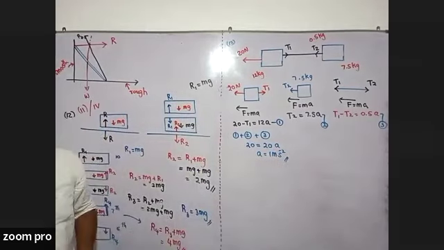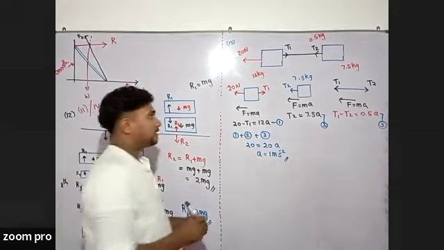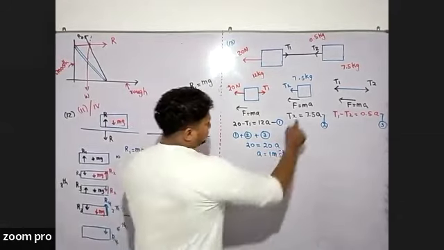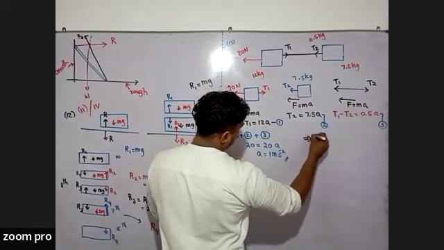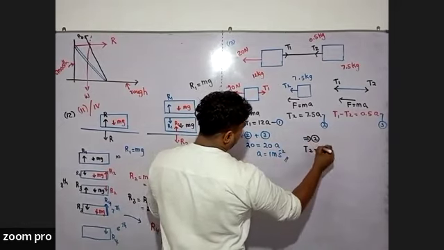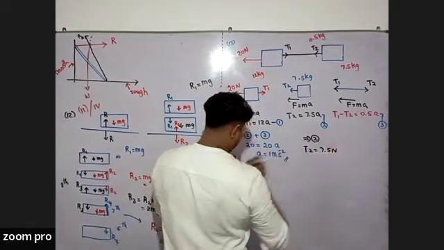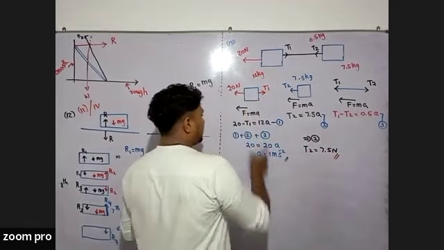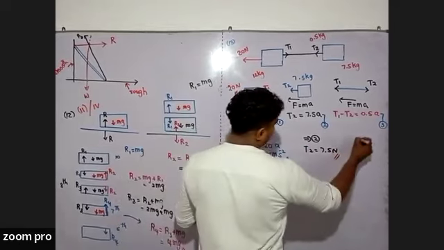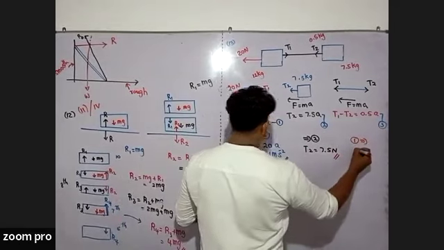Now we have to obtain the values for T2 and T1. Let's substitute into the second equation. Then T2 is obtained as 7.5 Newton. So this is the answer for T2. To obtain the value for T1, let's substitute into the first equation.